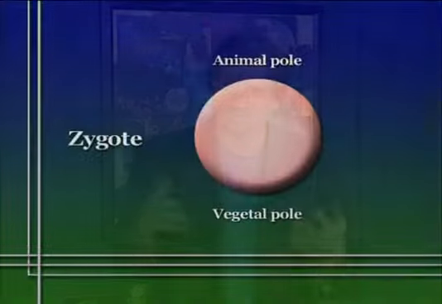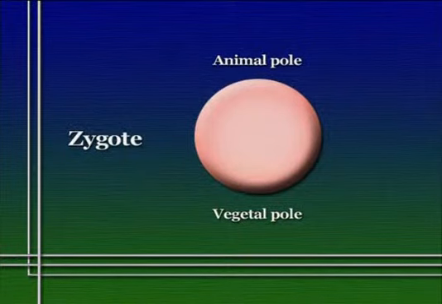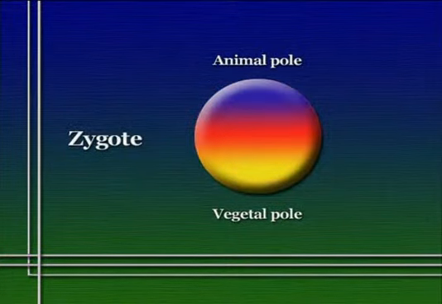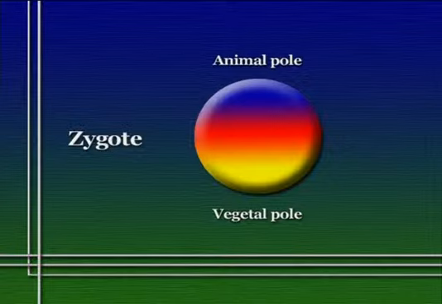Again, to get a better idea of what I mean by this, picture the zygote as a globe one more time. Now imagine there's a gradient of, say, some protein that's running from the north to the south pole, from the animal to the vegetal pole, with lots of this protein found in the north pole and progressively less of it found as you move further south, towards the vegetal pole.